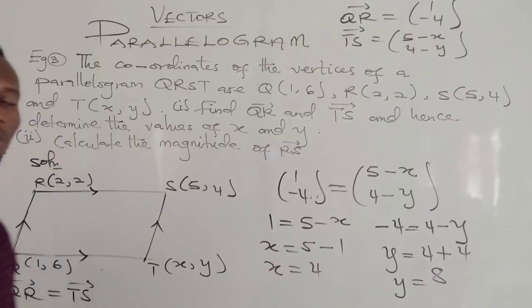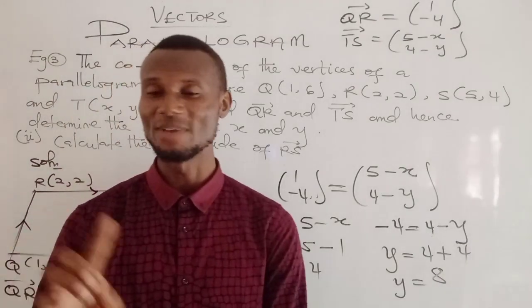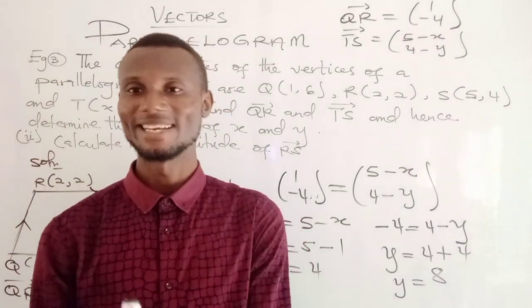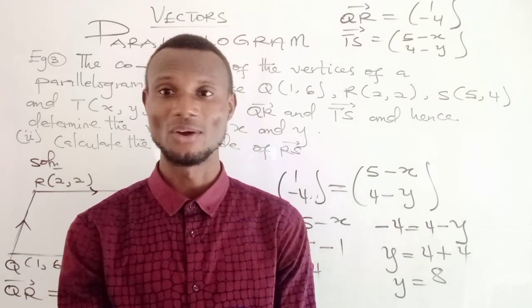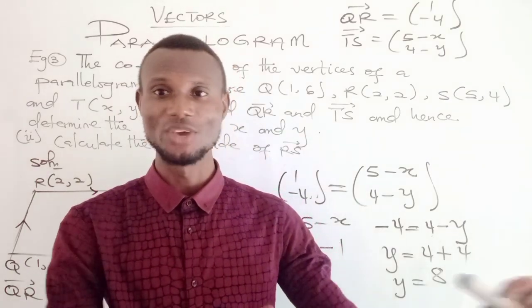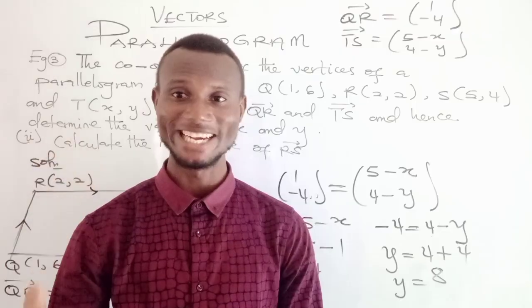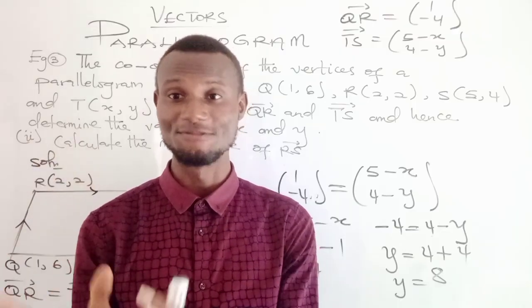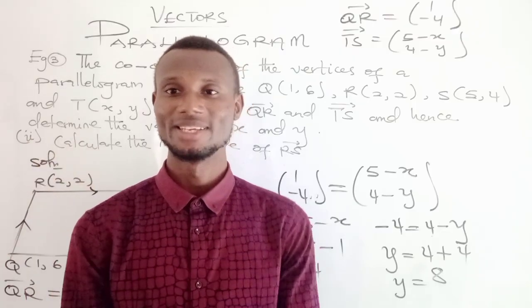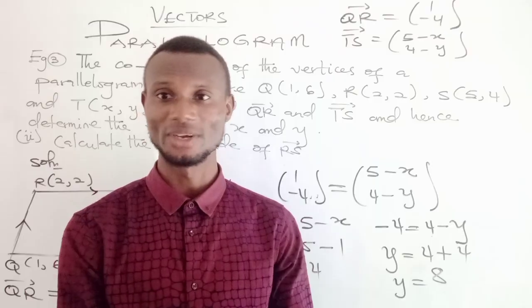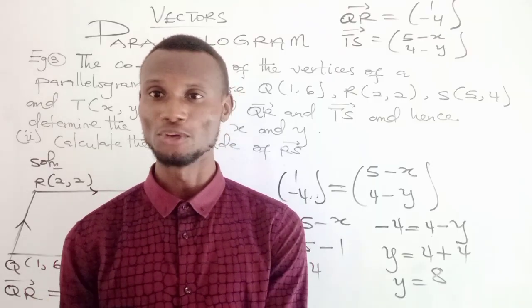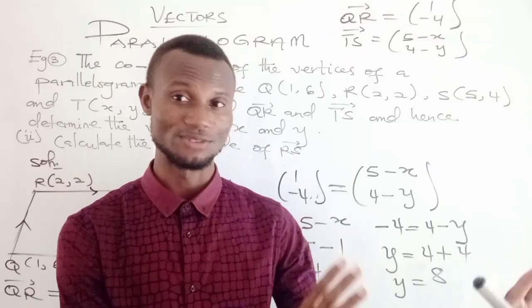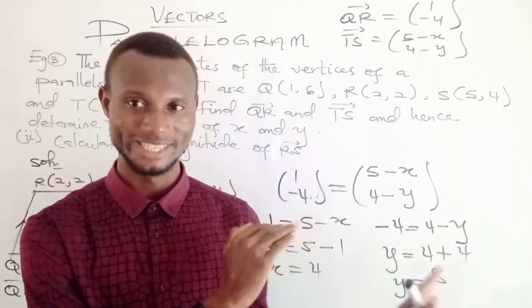Finding the magnitude of any vector simply means that you are finding the length of that vector. We treated the magnitude and length of a vector as a full subtopic on vectors, and we've done some examples on it as well in the previous video. So we are applying that knowledge here.